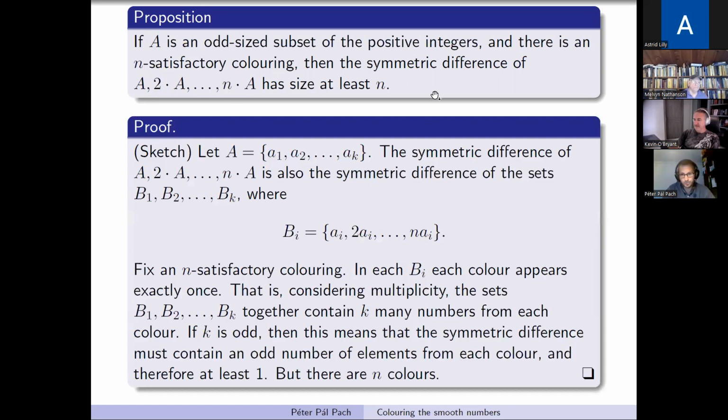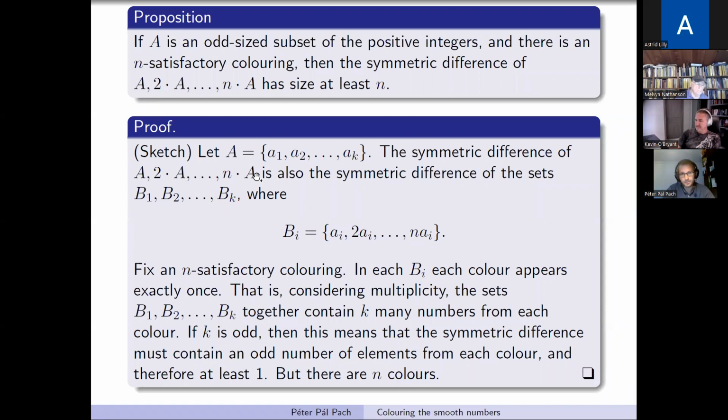The proof is really quick because we can think of the symmetric difference of A, 2A, ..., nA in the following way. Let the elements of A be a1, a2, ..., ak. Then in these n sets, for each ai, we will have ai, 2ai, and so on, nai. So let's collect these n-tuples into sets Bi.